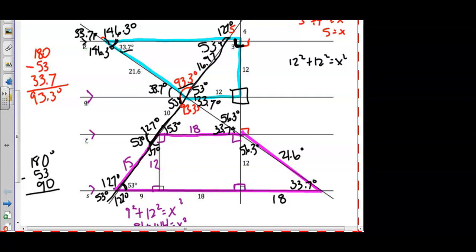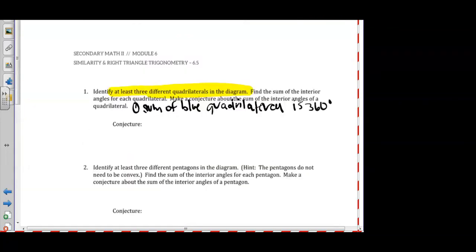So we have 53 degrees, 37 degrees, 90, 90, 56.3, and 33.7. And if we add those together, we also get 360 degrees. So the sum of the pink quadrilateral, just abbreviate that this time, is 360 degrees.